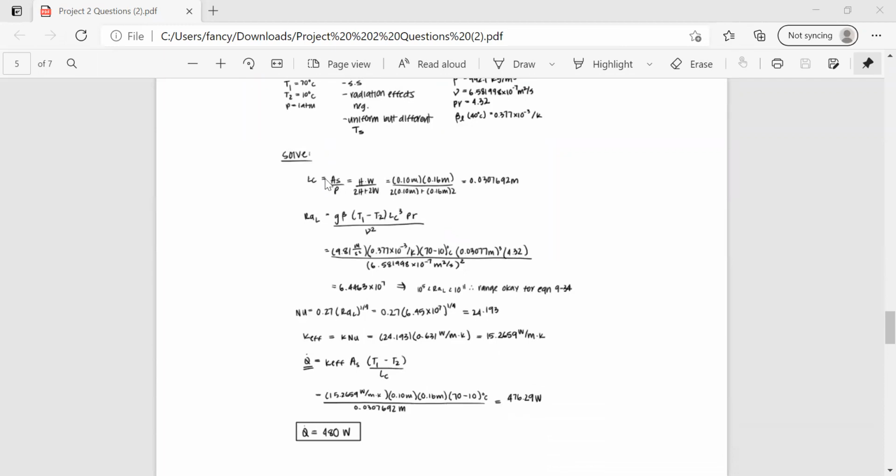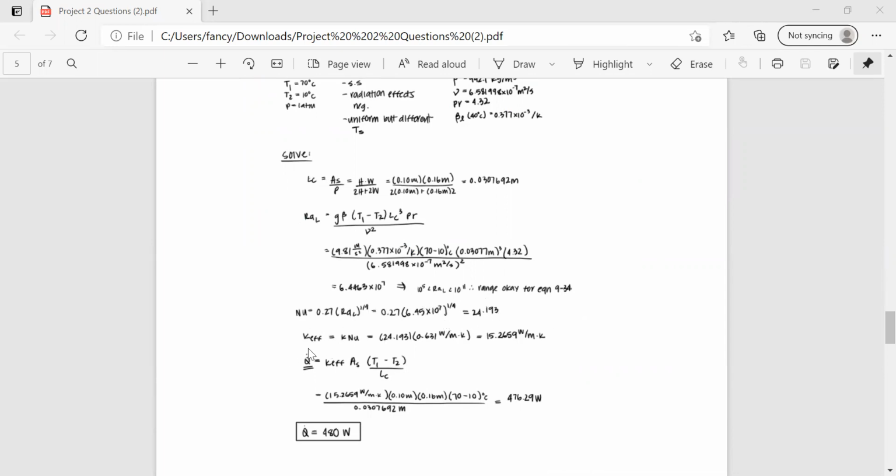And to solve this, natural convection shows up in this question because you have to find the Nusselt number for natural convection. And so using that handout, we can use the equations for natural convection to find the Rayleigh number. And then since it's between this range, it's okay to use equation 9-34 for the Nusselt number.